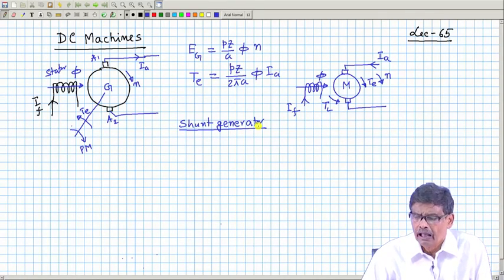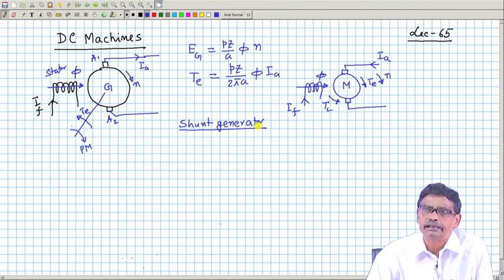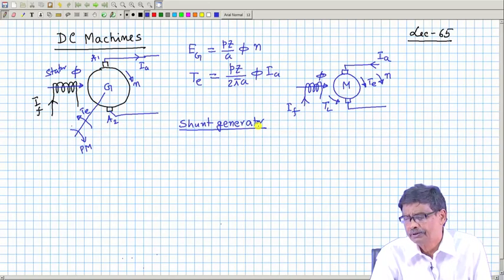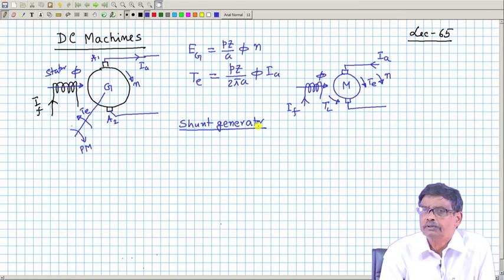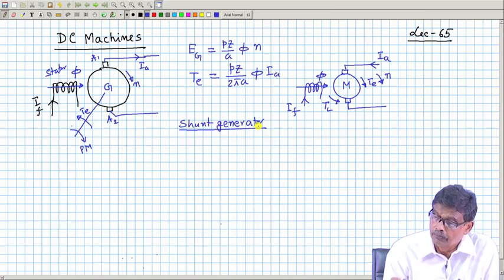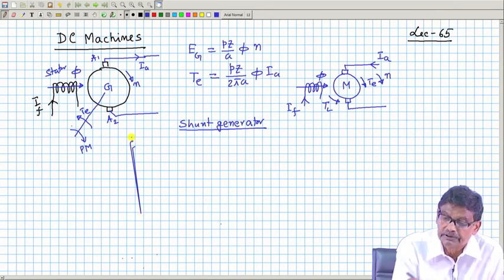Okay? And there is another phenomenon called armature reaction and its adverse effect, that I will take a little later. First, we go straight to a DC machine which is operating as a generator, a separately excited DC generator. Now, so, open circuit characteristics.